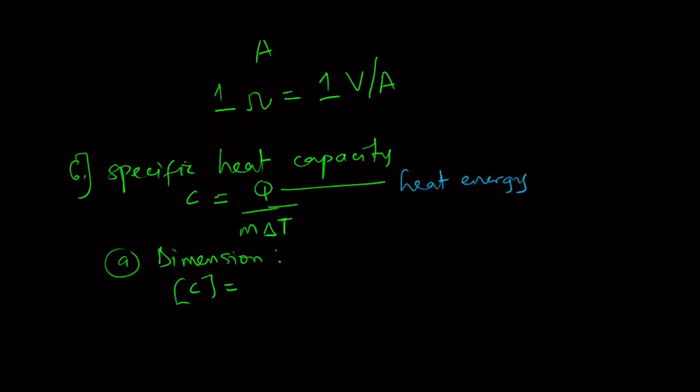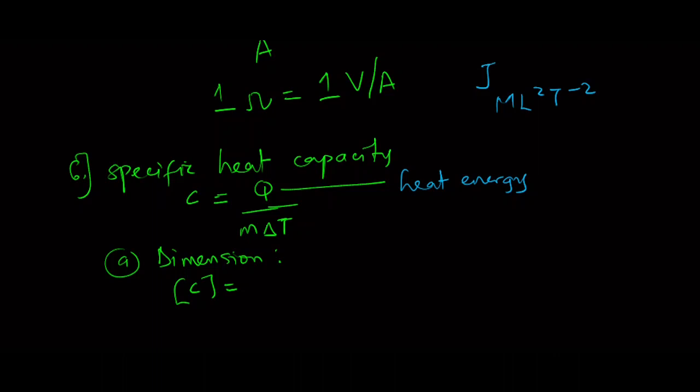Now let me chip this in. All forms of energy are measured in joules, and they have the same dimension as work. Either electrical energy, solar energy, heat energy, mechanical energy, they are all measured in joules, and they have dimension of ML squared T minus 2. You can try to work it out by using potential energy to confirm this. Then let's look at heat energy.